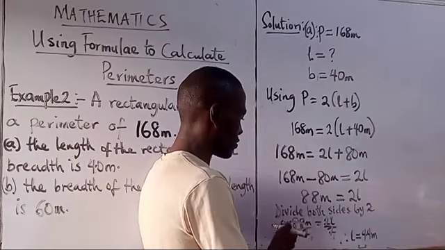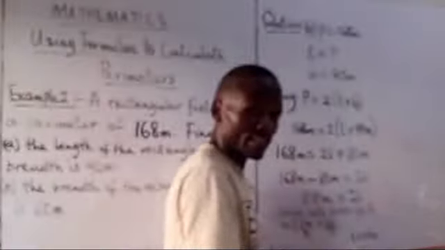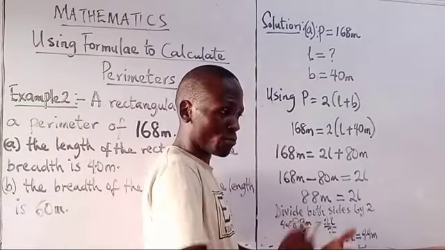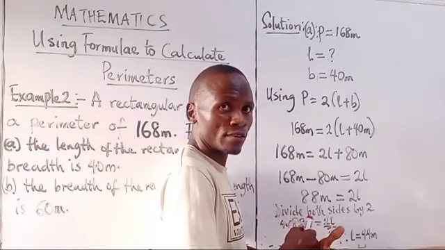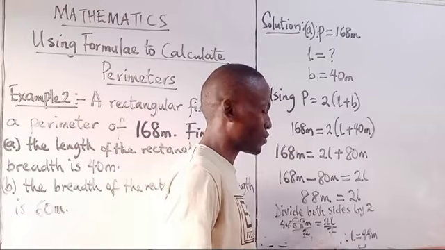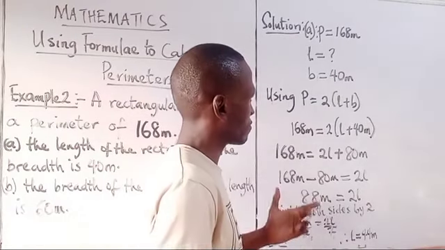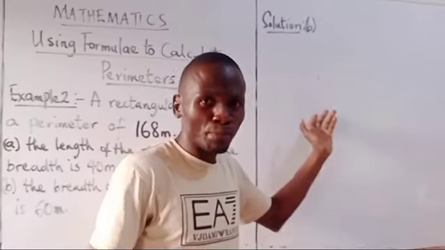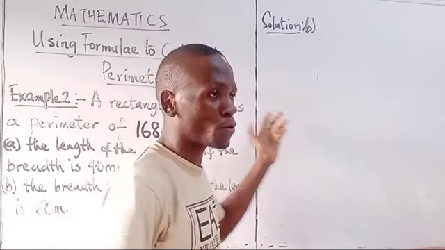We could have written 44 equals L. That is the same thing. Then we just have to rewrite. Since 44 equals L, then L is also equal to 44 meters. That is that. Okay, the B part of the question is what we are going to solve now.